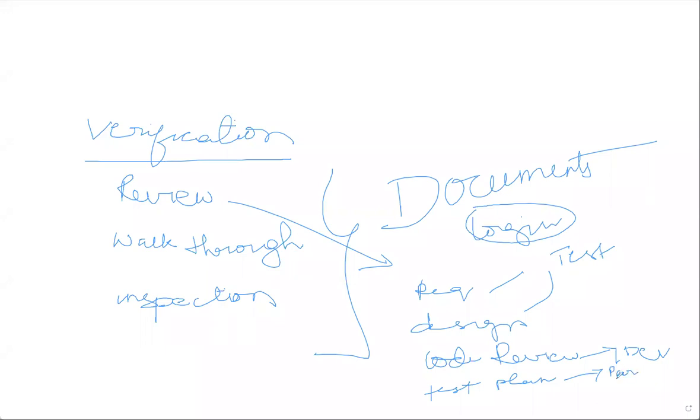We'll talk about peer review later. Or the test plan will also be reviewed by PMs like project managers or business analysts. In some companies we have business analysts, some companies have project managers or product managers. And test plan and test case reviews we can also do. These can also be done by peer review or PMs. So these are all reviews.